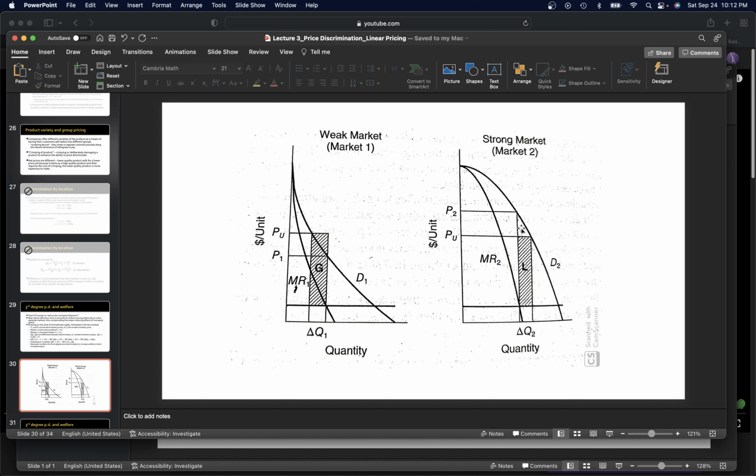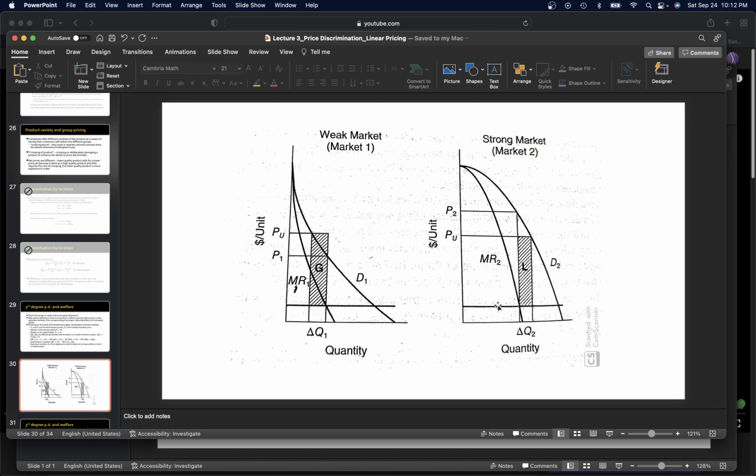This shaded rectangle represents the upper limit. It's actually an overestimation of the benefit of reducing prices or increasing output. That's the gain, which is an overestimation of the gain.